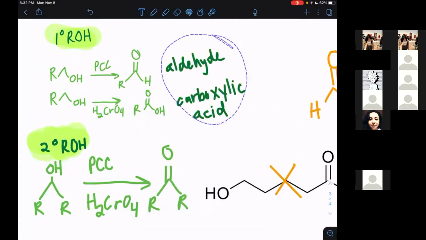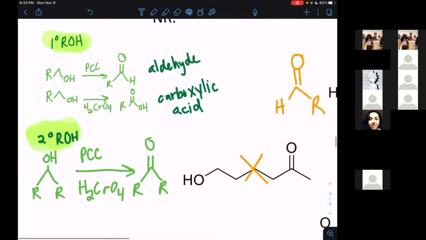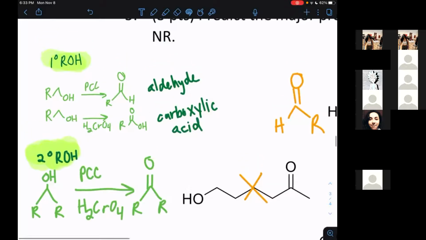Or I can just take a screenshot of it and then we can go on. And then I'll also put this in the notes section too. Can you zoom in? Yeah. Perfect. Thank you.